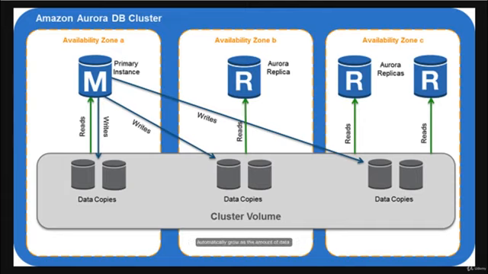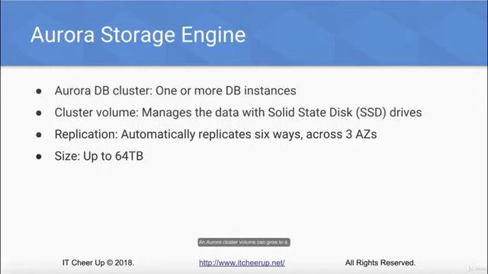Aurora cluster volumes automatically grow as the amount of data in your database increases. Aurora cluster volume can grow to a maximum size of 64 terabytes. Table size is limited to the size of the cluster volume. That is, the maximum table size for a table in Aurora DB cluster is 64 TB.